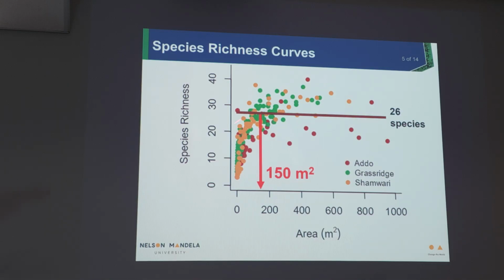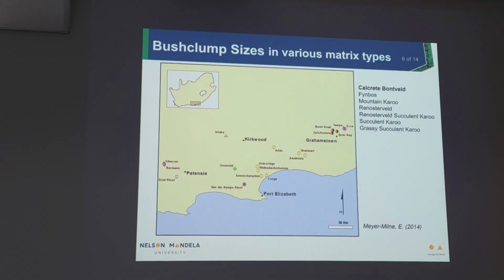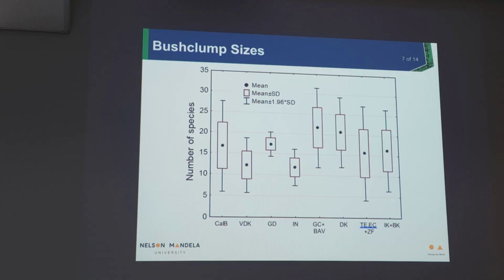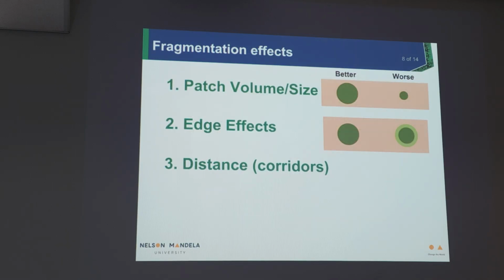So a few of her bush clumps would have been on this side of the graph, which would make it a little bit less. But the important point is we can happily say that they're all roughly, the bush clumps deliver that sort of rough number of species.